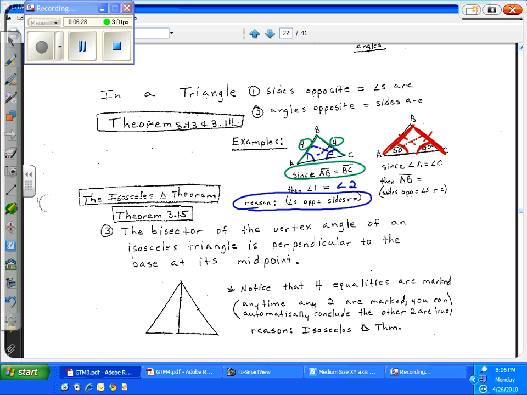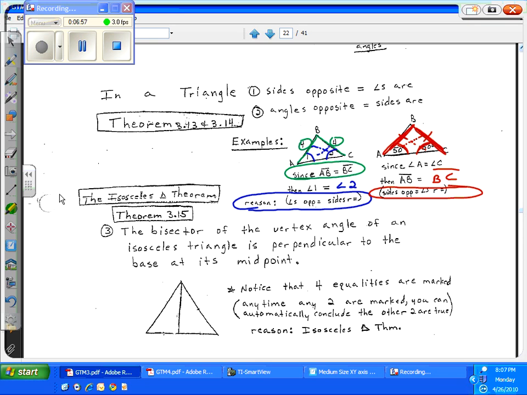So we could conclude that AB is equal to or congruent to BC with the reason sides opposite equal angles are equal. So if two sides of a triangle are equal, then angles opposite those equal sides are equal.